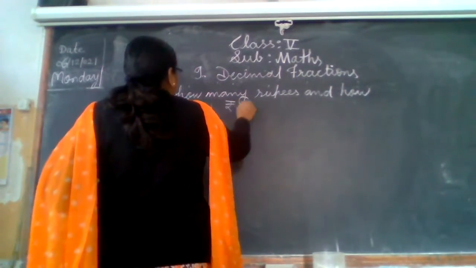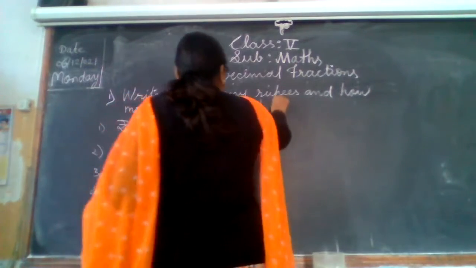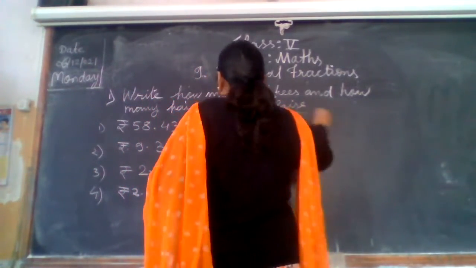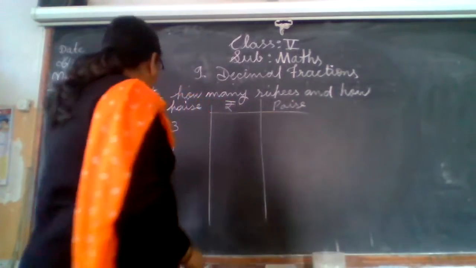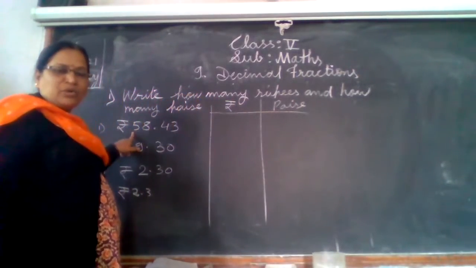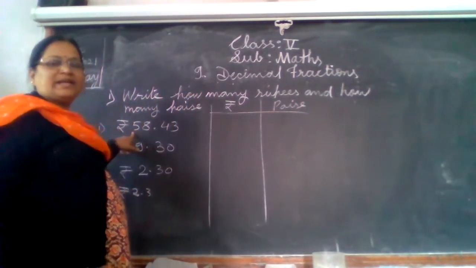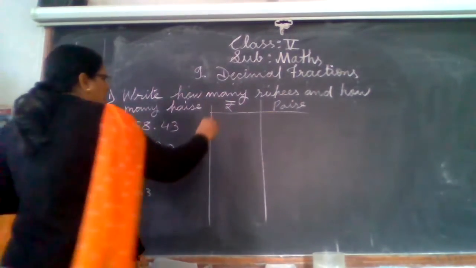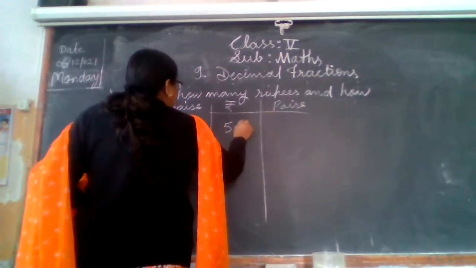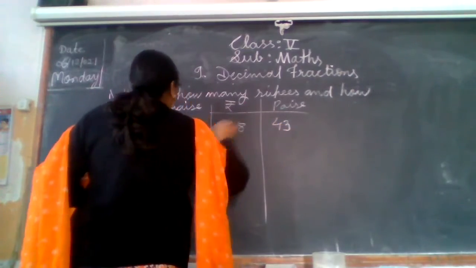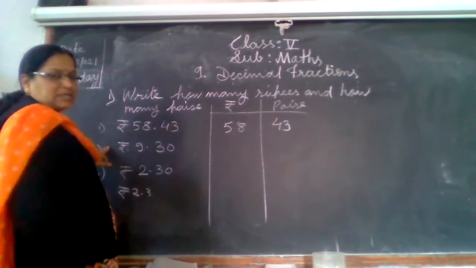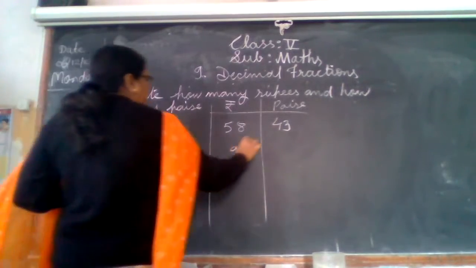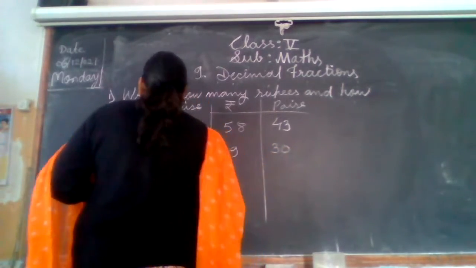Here I am writing rupees and here paise. See, before the decimal point, numbers are the whole number, means they are in the greater unit. So rupees 58 and paise is 43. Rupees 9 and paise.